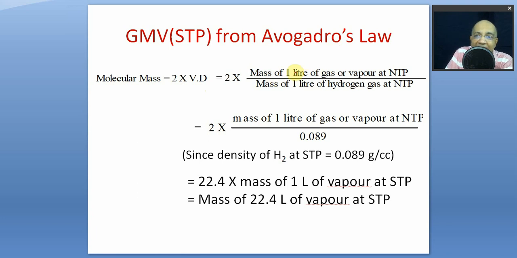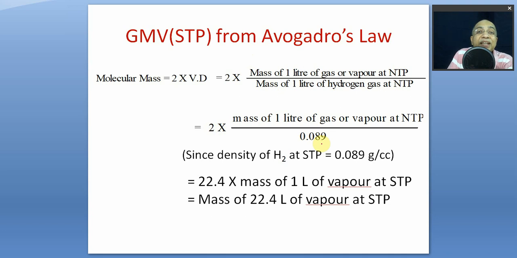Let that certain volume be 1 liter, and let's say the condition is STP or NTP. So it is the mass of 1 liter of the gas or vapor at NTP divided by the mass of 1 liter of hydrogen gas at NTP. Here we have stipulated the conditions and also the volume.